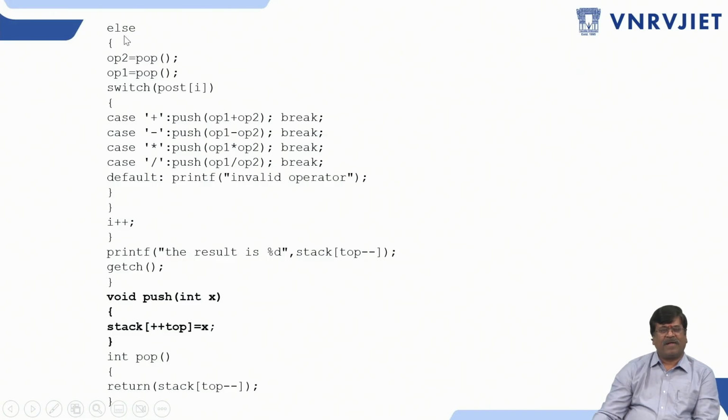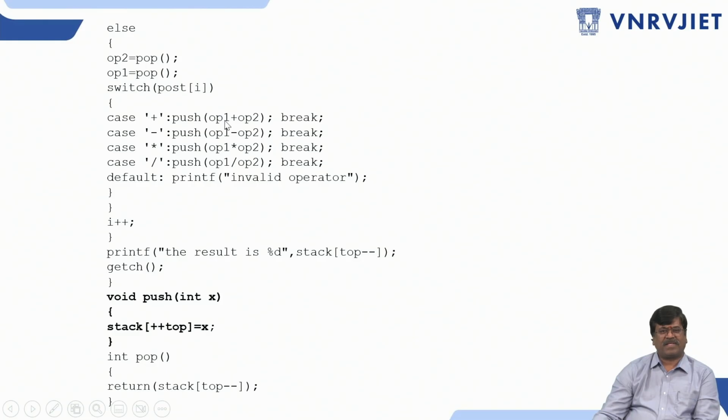Then if it is not an operand, what we need to do, if you got any operator, I need to pop out two values from the stack. I am taking the first top element as operand 2, the second top element as operand 1. Now I am checking that operator here.